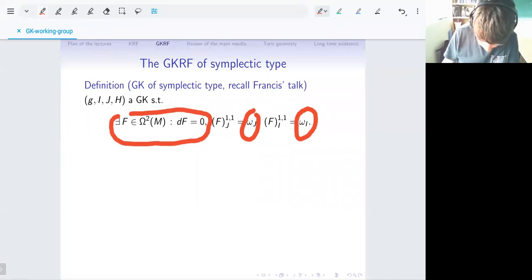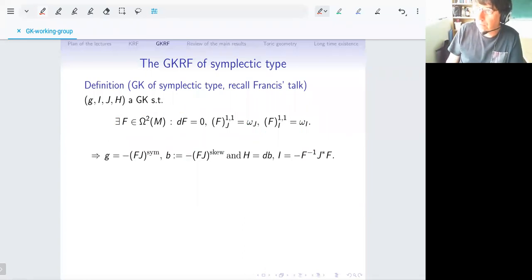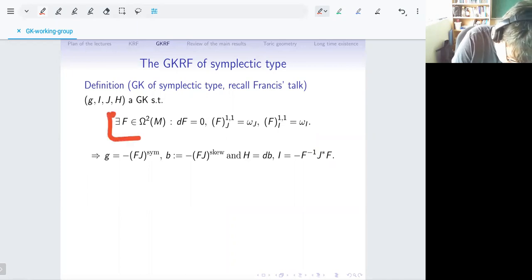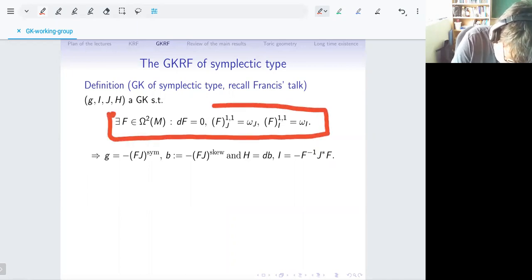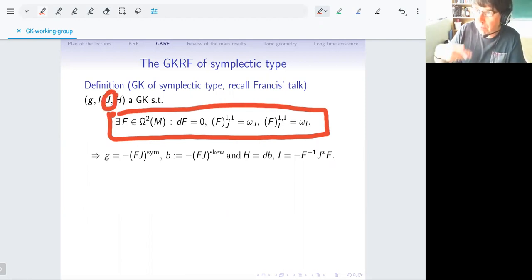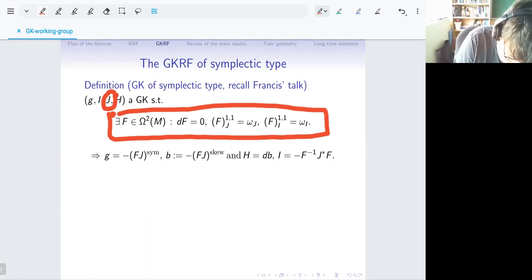This is one possible definition, and the point is that from this condition, if you have such a form, and if you fix, let's say, J, as I do, you can recover the structure completely. First, by the first relation, if you compose this 2-form with the complex structure and take the symmetric part, you recover the metric.